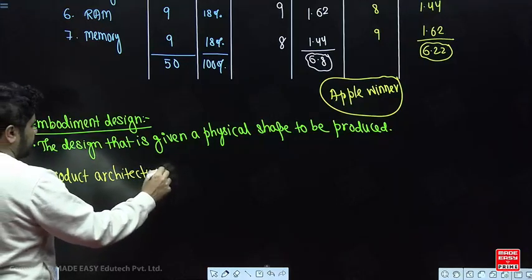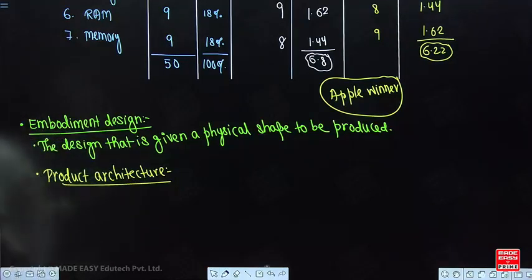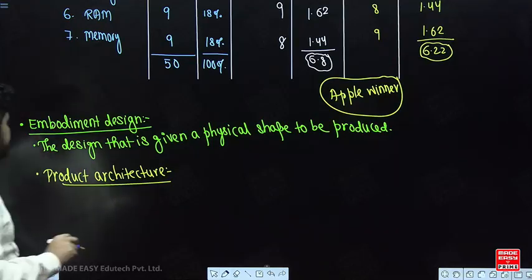Product architecture, बताओ पहला वाला क्लियर है, राइट. So weighted decision matrix clear, correct. Right, now what is product architecture?